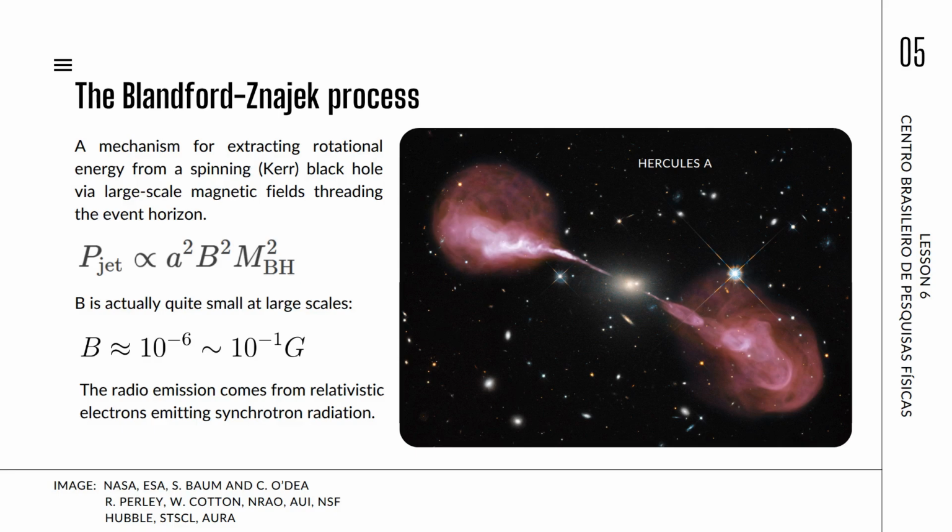There is a confusion. One of the students asked me in the first class, maybe the second, about how these strong magnetic fields are kept over such large distances. But actually, they are not strong. The magnetic fields in a quasar or blazar jet are of the order of 0.1 Gauss or 1 microgauss.